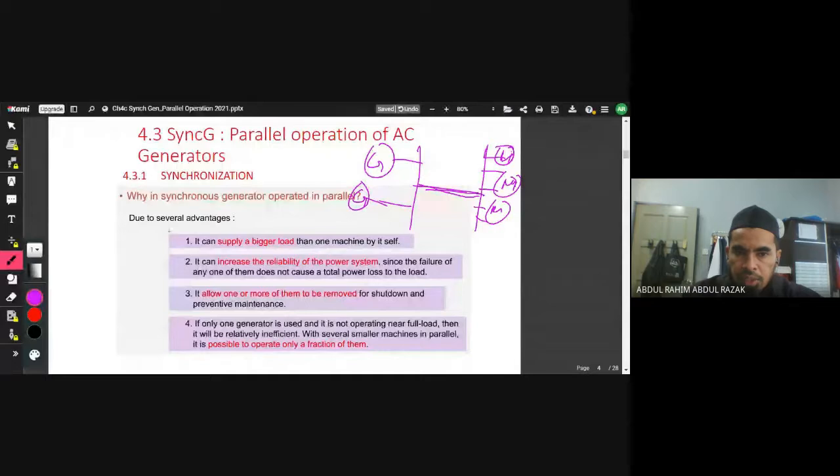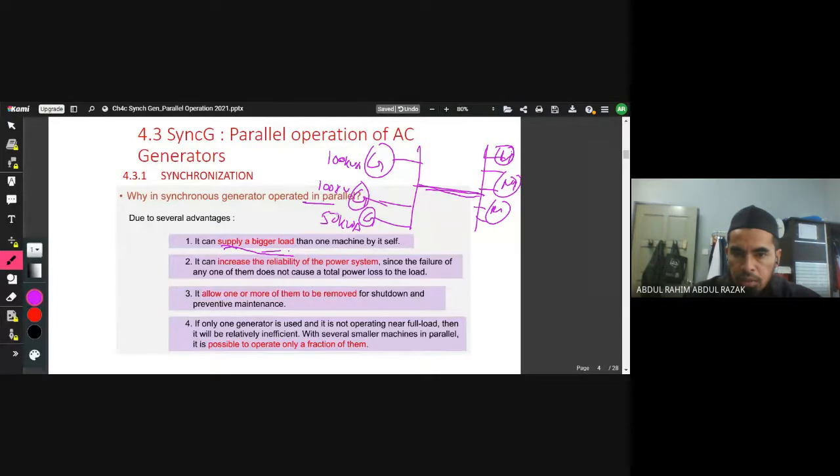Okay, several advantages. What are the advantages when we put generators in parallel? It can supply a bigger load than one machine by itself. Let's say we have here 100 kVA, this also 100 kVA, maybe another generator of 50 kVA.